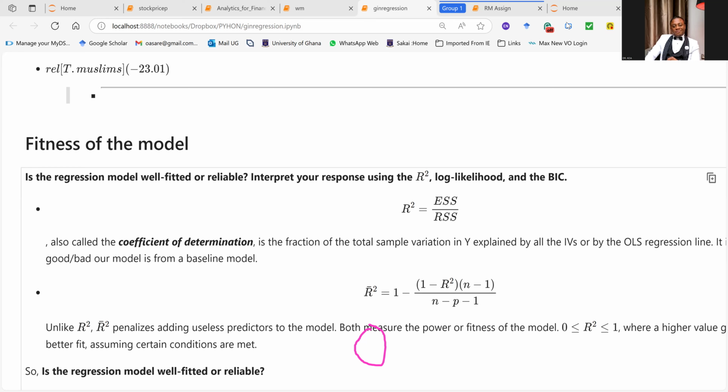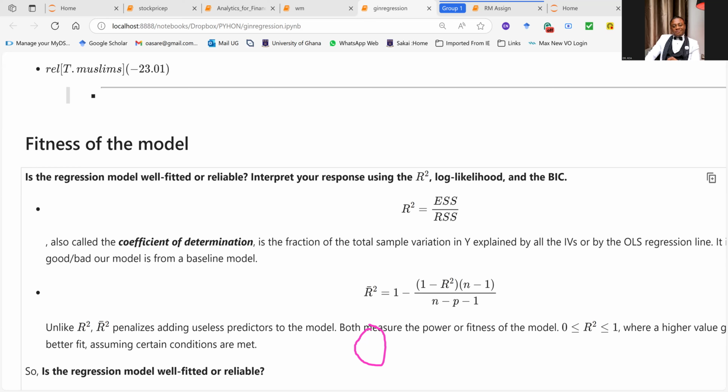The adjusted R squared is there to penalize the inclusion, but not of any independent variables, only of irrelevant independent variables. So if you include an independent variable that is relevant, no problem.